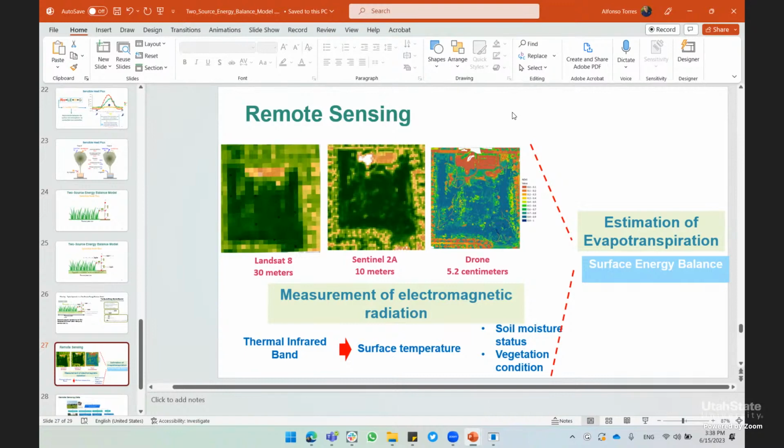So internally, the two source energy balance model separates the contributions of the soil and the vegetation to the total heat. And here comes the trick.